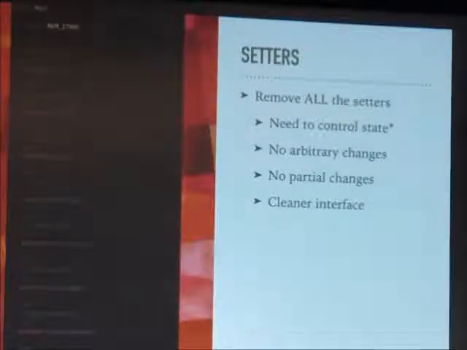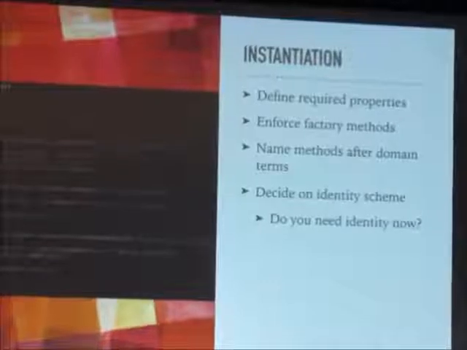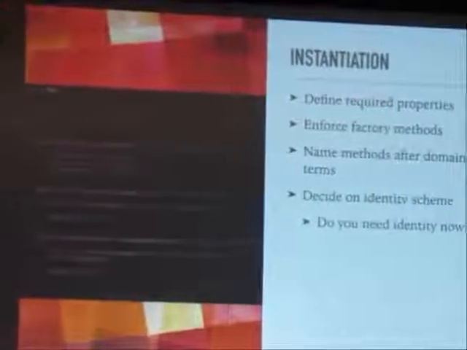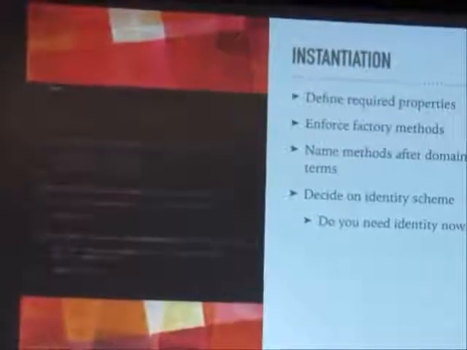That does raise a question, though, of how we're actually going to set these properties. When we're creating, obviously, the easiest way is to require them when you actually build it.